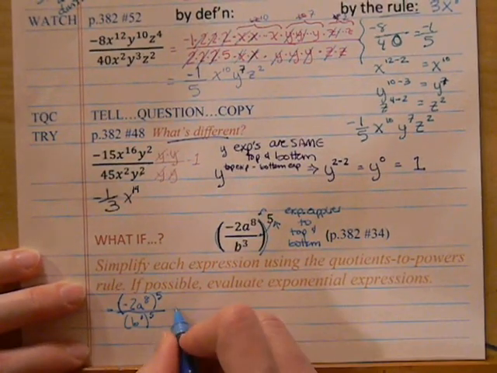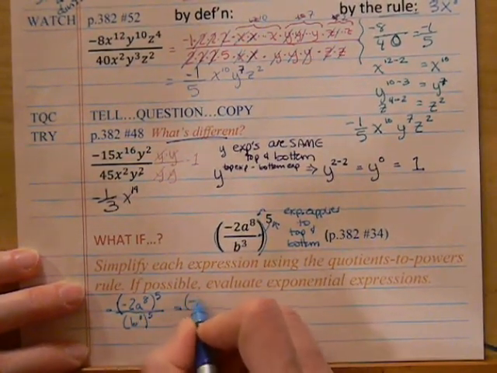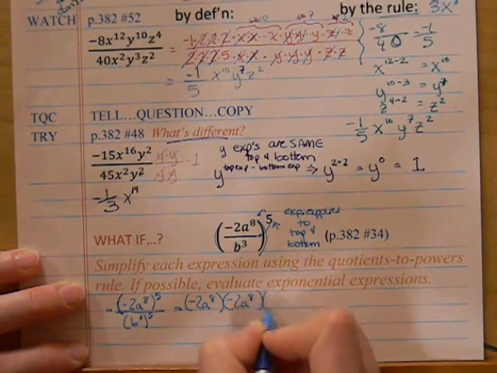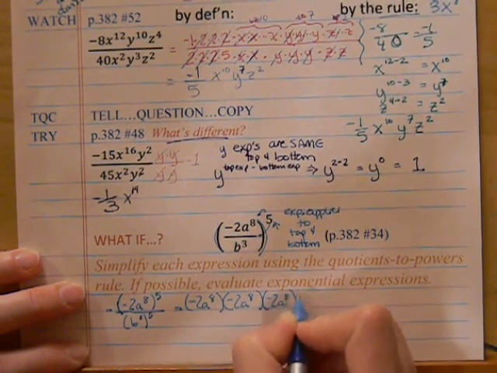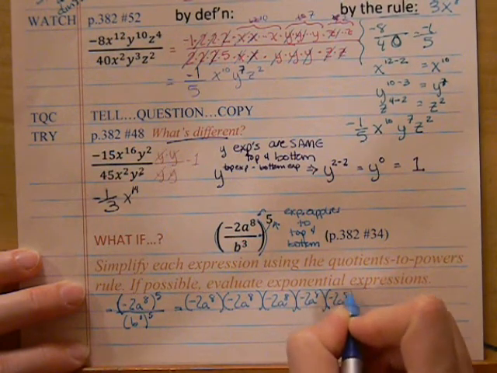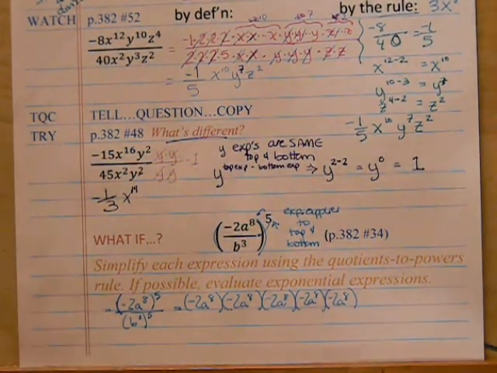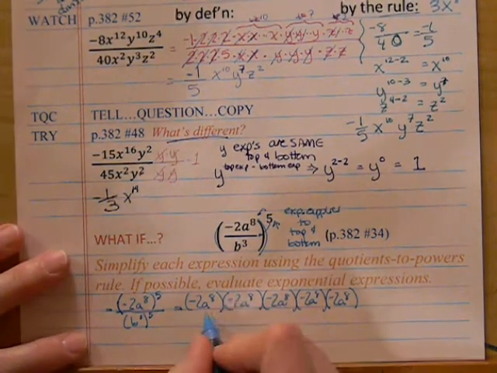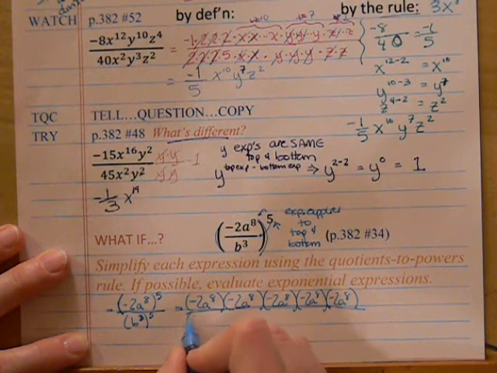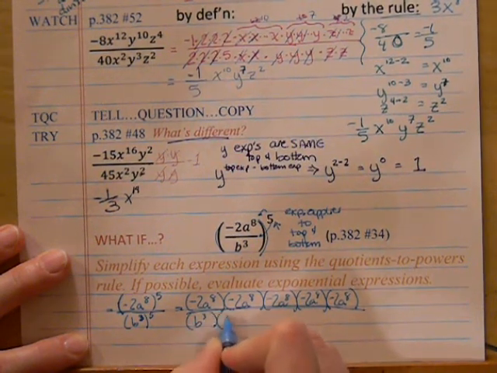Then what you have is negative 2a to the 8th, the top, times itself 5 times. And then you have the bottom, b cubed to the 5th, times itself 5 times.